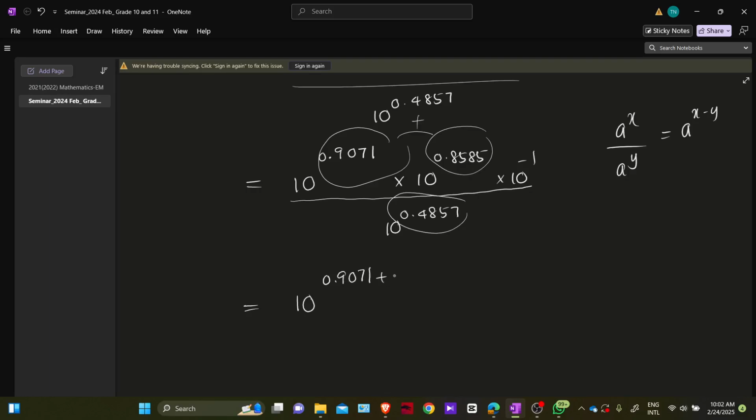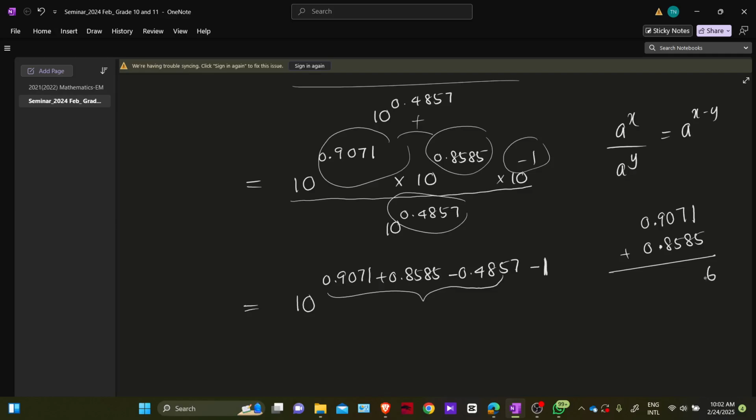0.9071, 0.8585 minus 0.4857. Again, negative 1 is there, right? Let's simplify these three first. 0.9071, 0.8585. I'm gonna add.